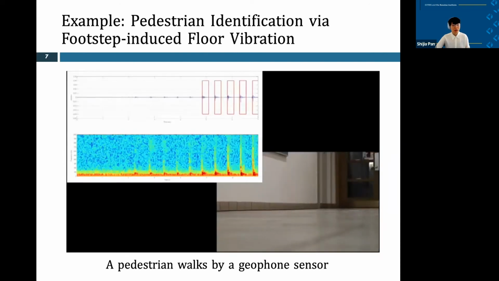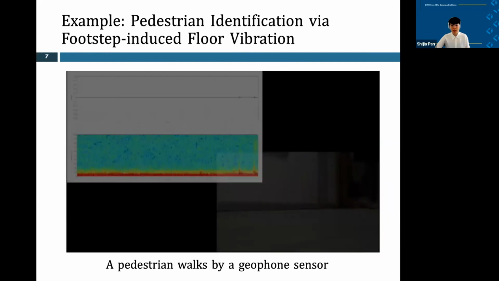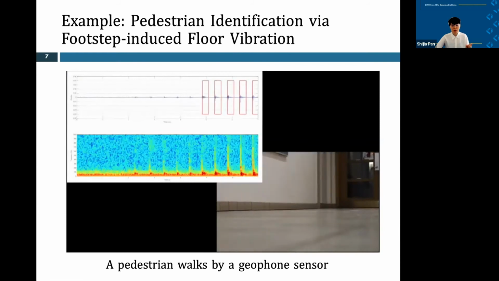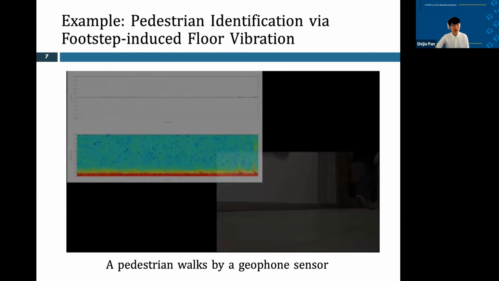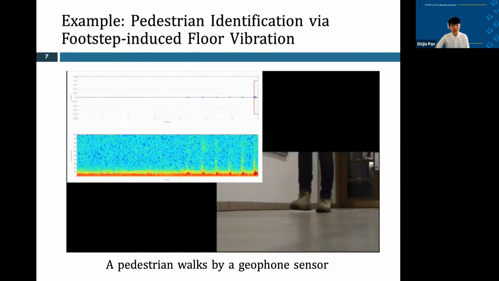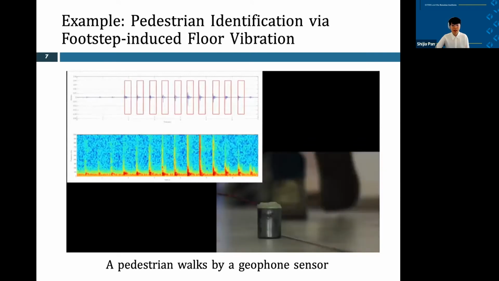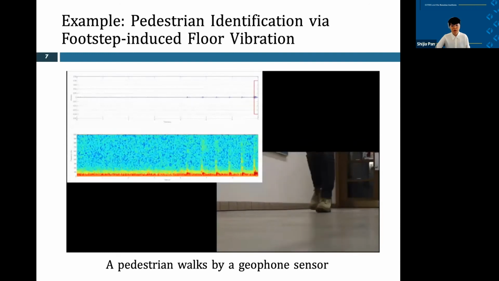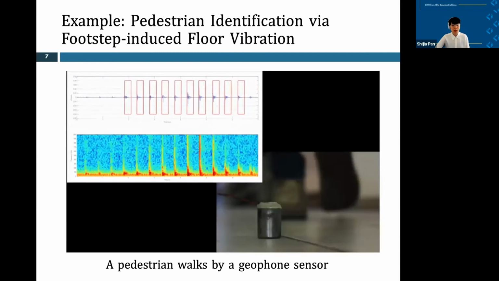And our event detection algorithm is able to extract this vibration signal. You can see we mark them in the red box on the signal that's showing in the left corner of the video. Because each person has a unique walking pattern, which we call gait, their footfall-induced floor vibration varies, and that's unique to each person.